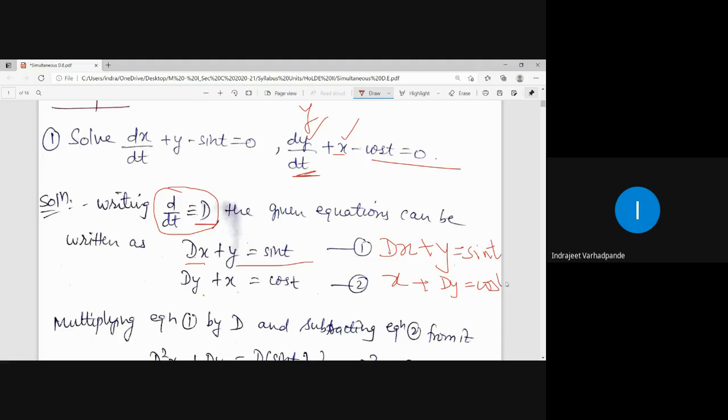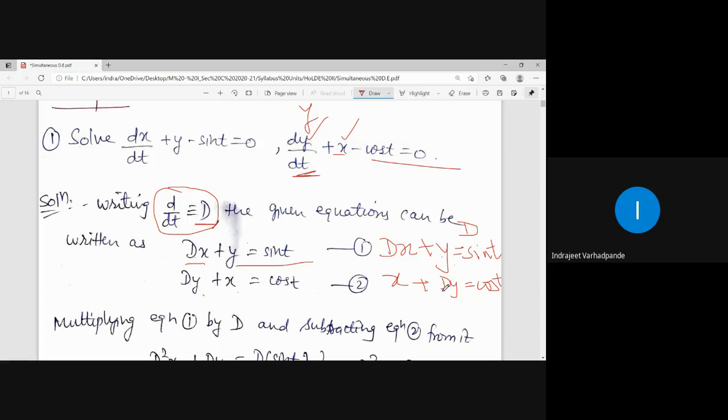Now to eliminate the variable x, I should have the second equation multiplied by D, or if you wish to eliminate y, the first equation should be multiplied by D. So if I select to eliminate y, I will have to make the coefficients of y the same. Here what is the coefficient of y? 1.